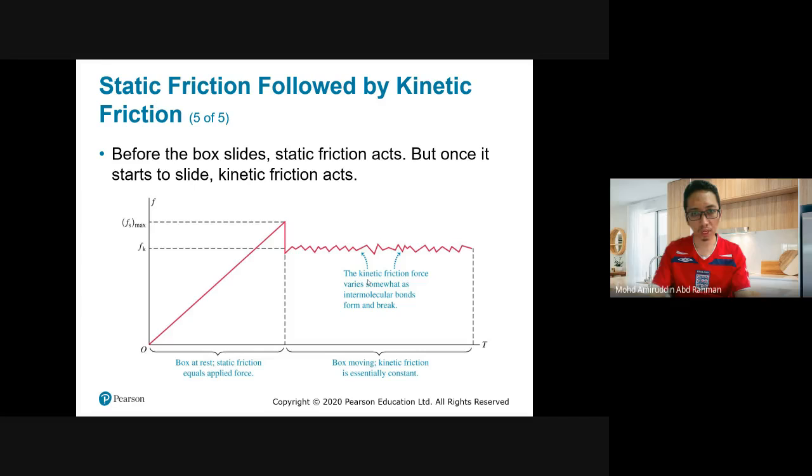We look that we have a linear graph, which is going to be from 0 to a maximum value, where it is Fs at the maximum, where you have mu s n. All right, so Fs is at the maximum.